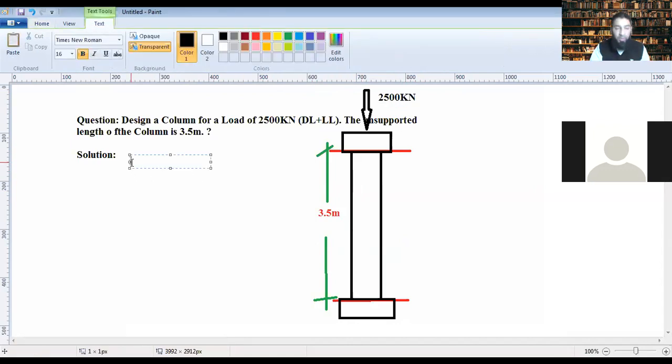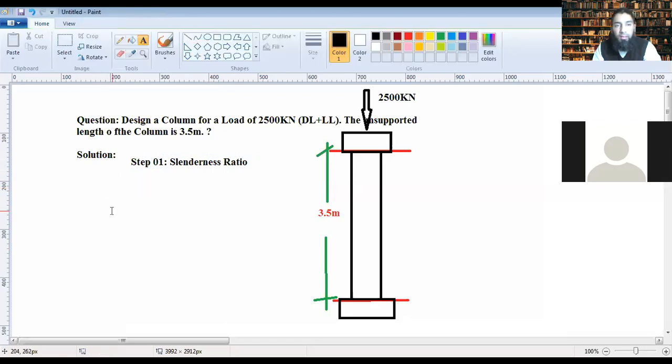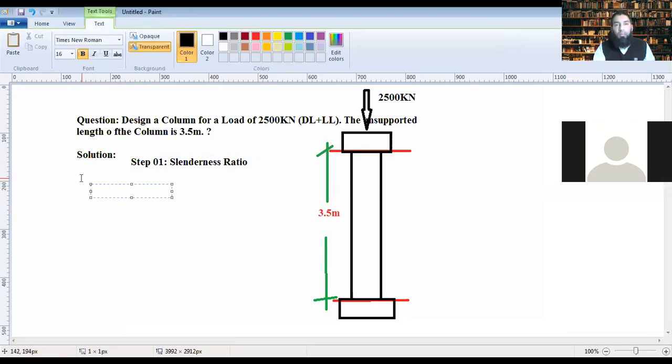So what do we do first? In step number 1, we'll be calculating the slenderness ratio of the column. Before calculating the slenderness ratio, we have to fix the dimension.